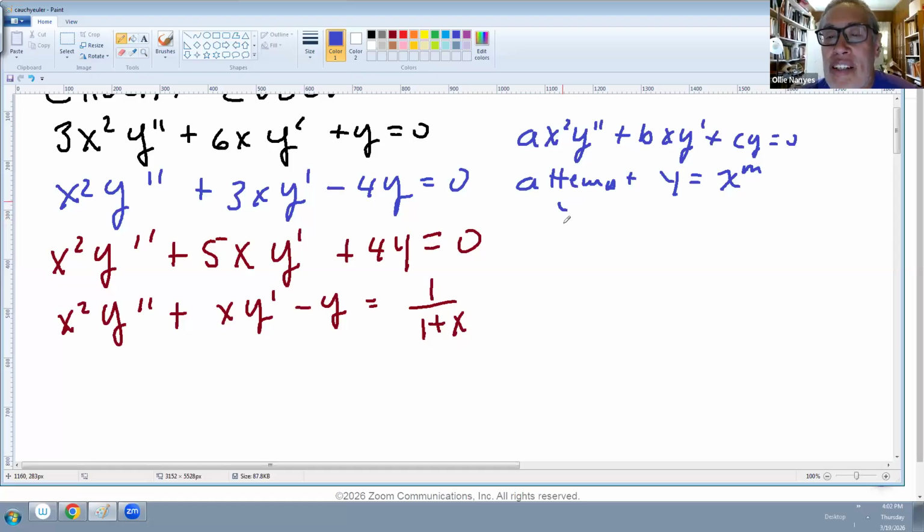If you do that, y prime is m x to the m minus 1, and y double prime is m times m minus 1 x to the m minus 2.